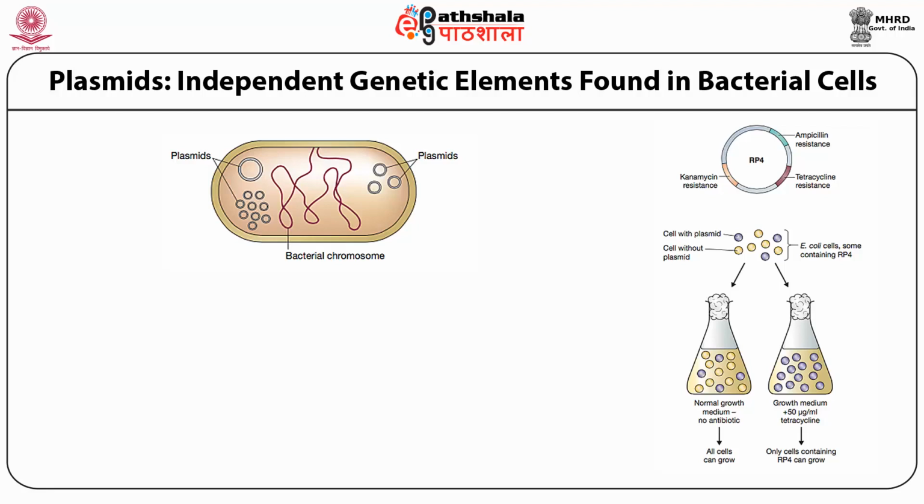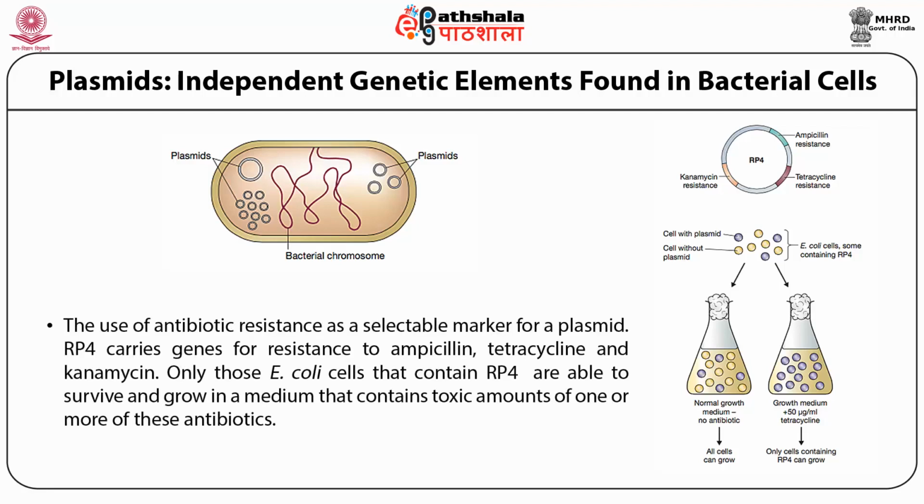In other words, this is the use of antibiotic resistance as a selectable marker for a plasmid. As I just mentioned, RP4 carries genes for resistance to ampicillin, tetracycline, and kanamycin. Only those E. coli cells that contain RP4 are able to survive and grow in the medium that contains toxic amounts of one or more of these antibiotics.